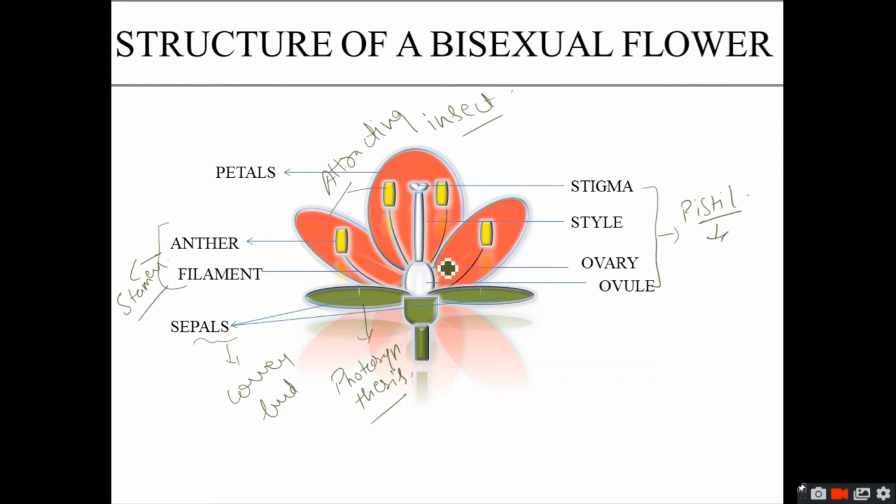So stigma is the part of the female reproductive organ where the pollen with the help of insects gets attached. So this is how petals, by attracting insects, help in pollination.